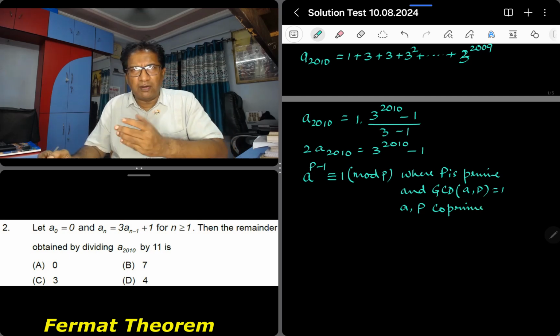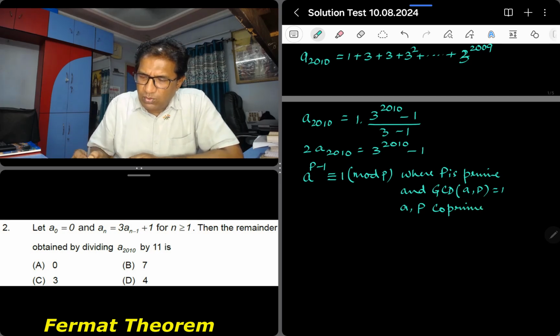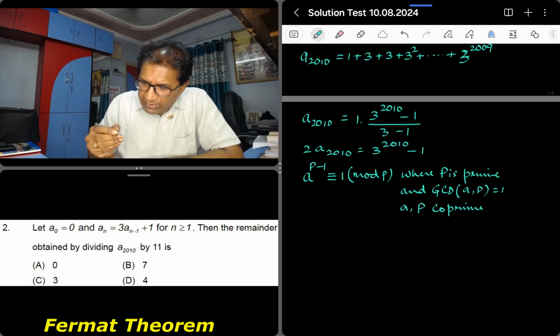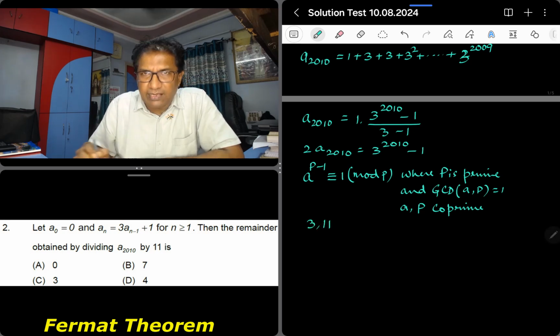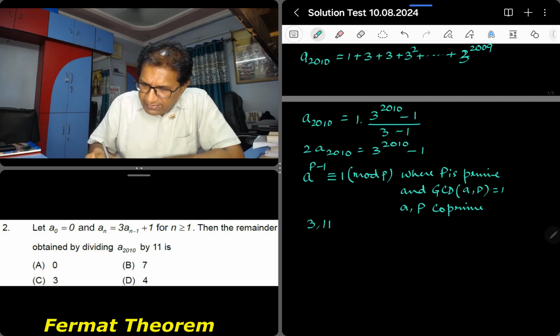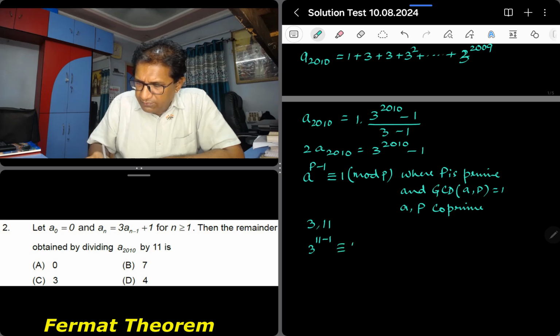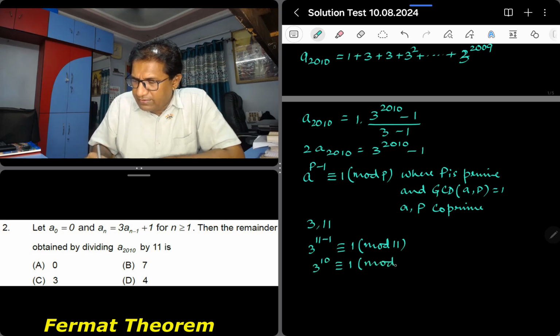Okay. Then Fermat's little theorem states that a to the power p minus 1 and 1 is congruence modulo p. So in this case, we can observe that 3 and 11, they are co-prime numbers, and 11 is a prime number. So we can say 3 to the power 11 minus 1 is 1 modulo 11. So 3 to the power 10 is basically 1 modulo 11, right?